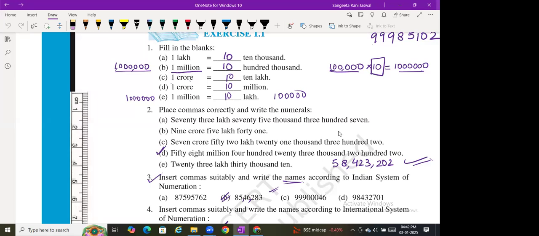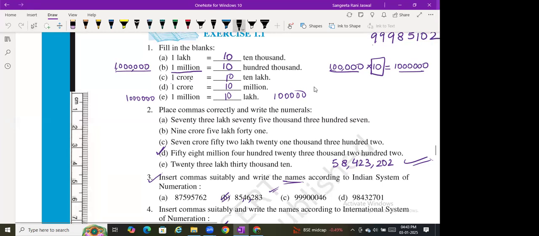Write down for all these numbers. What we have to write? You have to write the numeral for these. This question number 2: place commas and write the numerals.